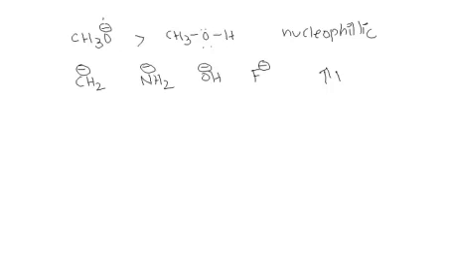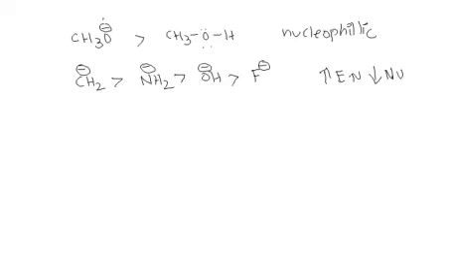The more electronegative, the less nucleophilic, because there is less tendency to donate the electrons. Negative charge is more stable with the highly electronegative atom, while it is less stable on carbon, a less electronegative atom. So here the nucleophilic character will be more. CH2 minus is more nucleophilic than NH2 minus and the others.